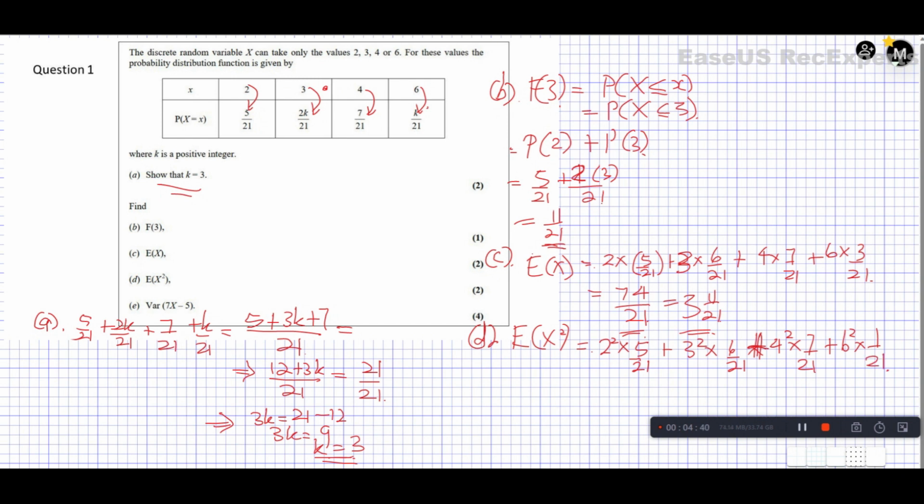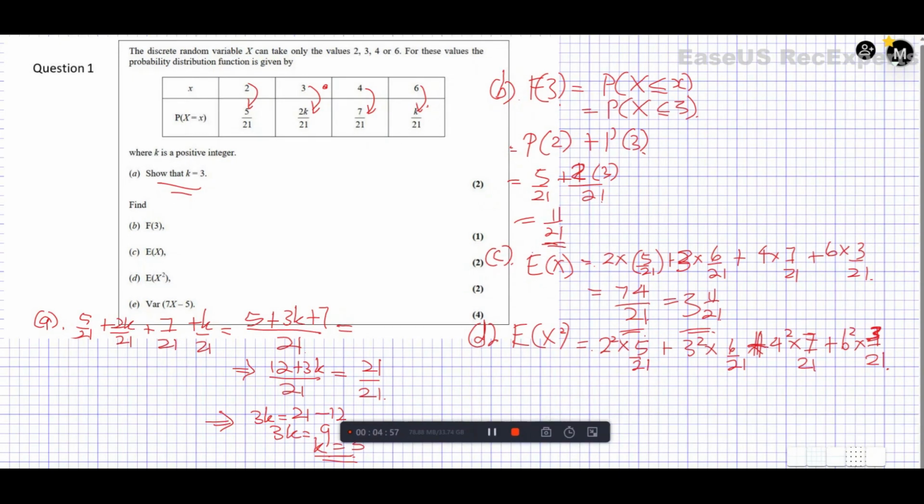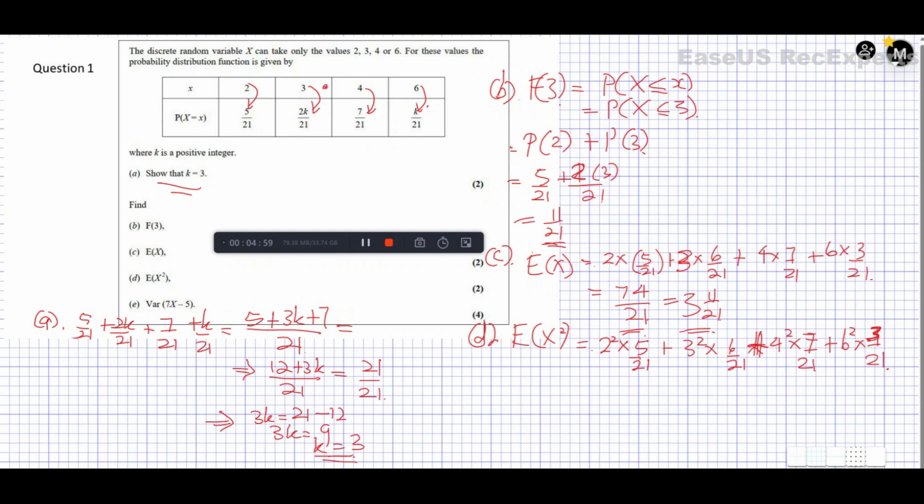Sorry, this is 3 over 21, which is 1 over 7. When I add all this, what I got was 14. The answer was 14.